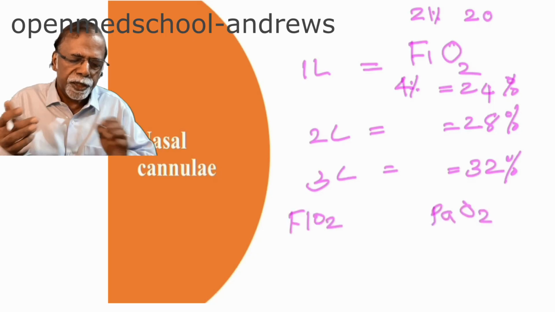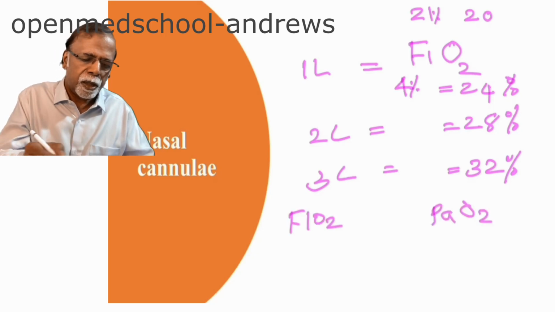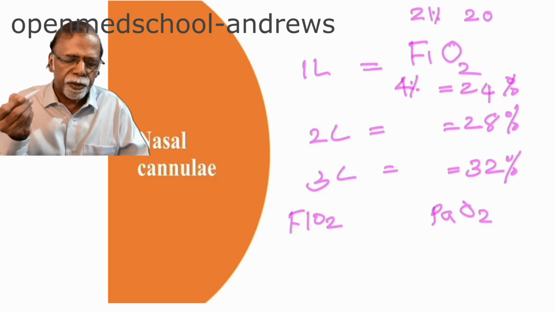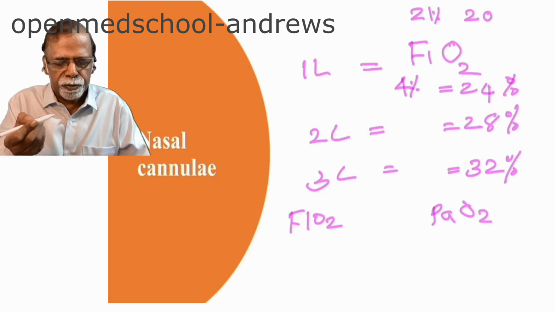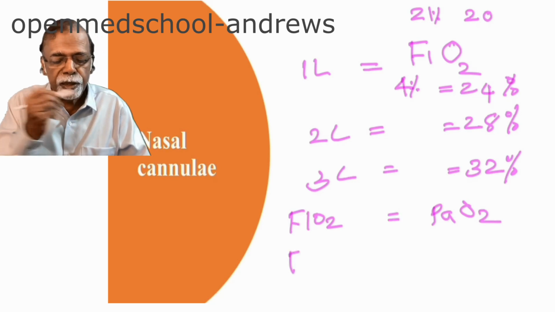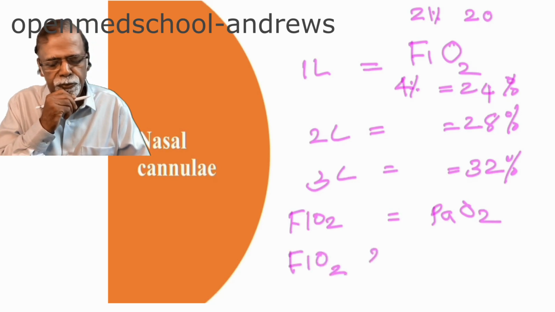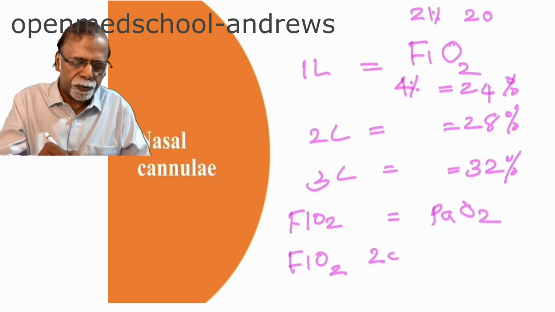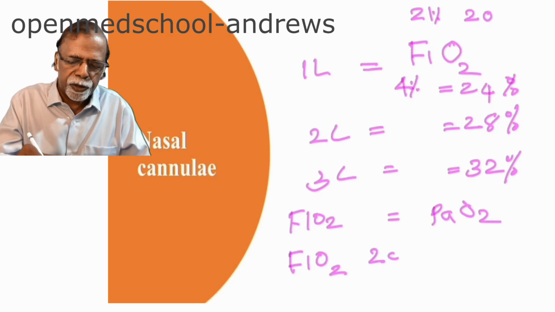So what is the relationship between the FiO₂ and PaO₂? That is, when you are giving oxygen in a normal lung, what must be the PaO₂? So atmospheric air FiO₂ is 20, the PaO₂ is 100.